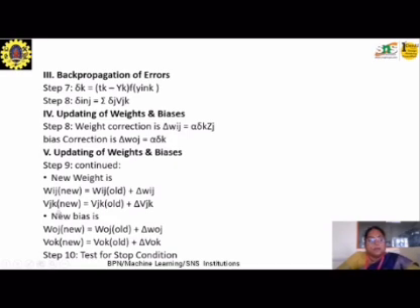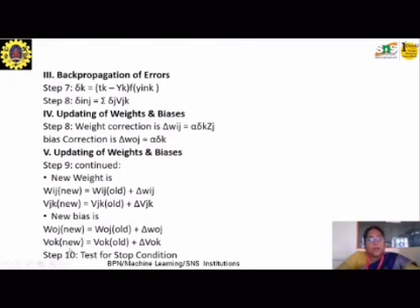The same for vjk, the second hidden layer: vjk new weight is equal to vjk old weight plus the corrected del vjk. So this is how the new weight is calculated, and the same way the new bias has to be calculated. The new bias woj is equal to the old bias plus del woj, the updated bias.